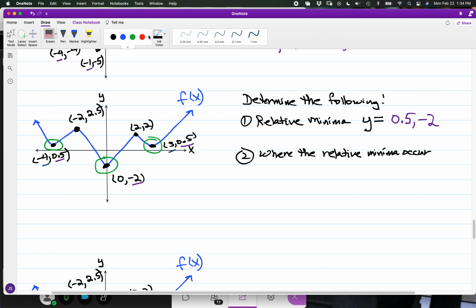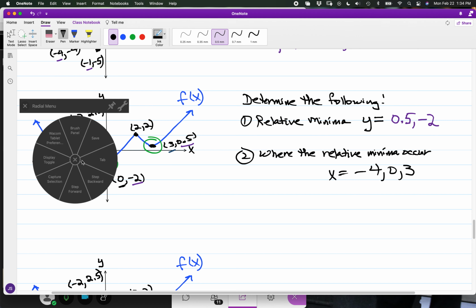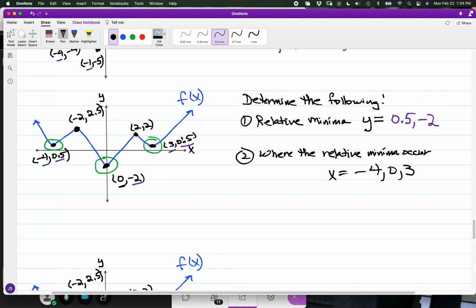Again, for your lower points, you have 4, -4, 0, and 3. So you have 3 distinct x values, whereas in the case of the minima in y, there are only 2 distinct values since 0.5 repeated.